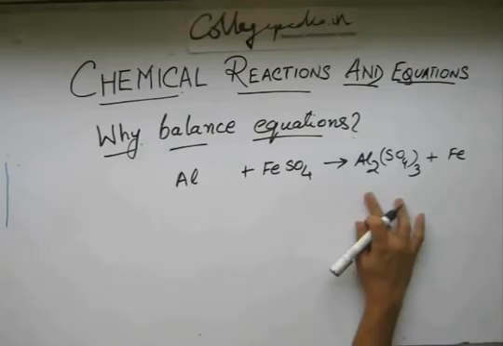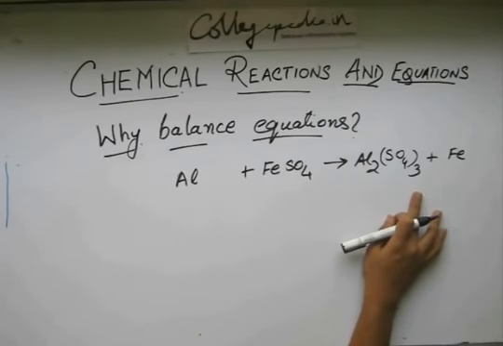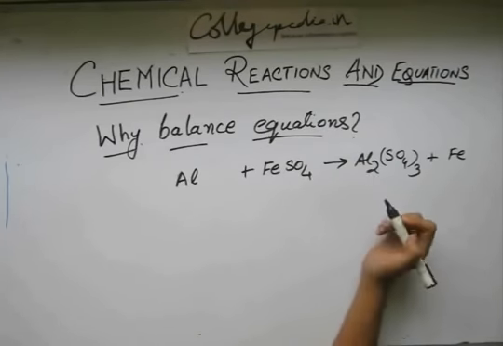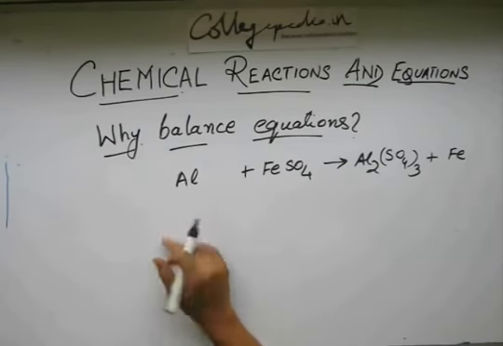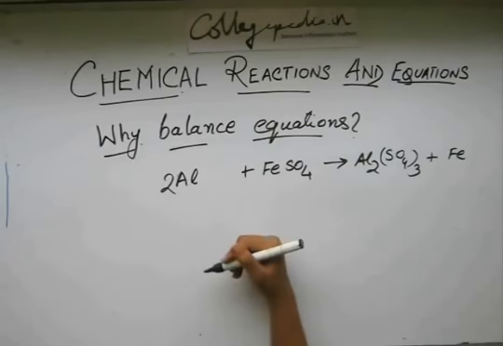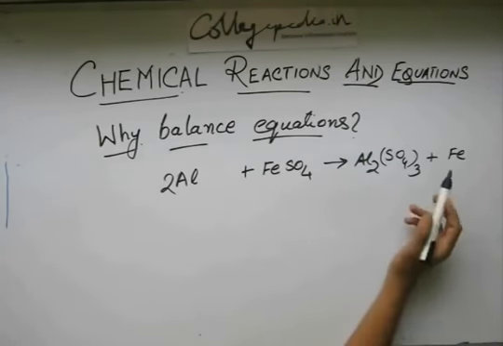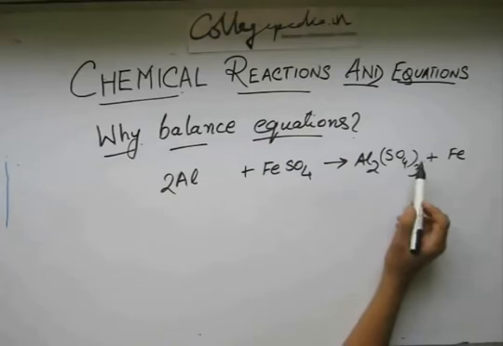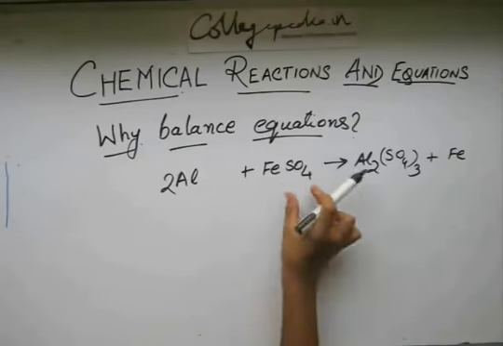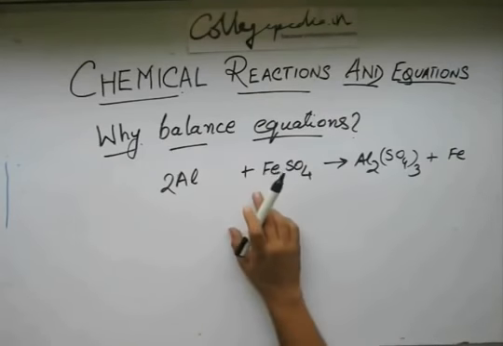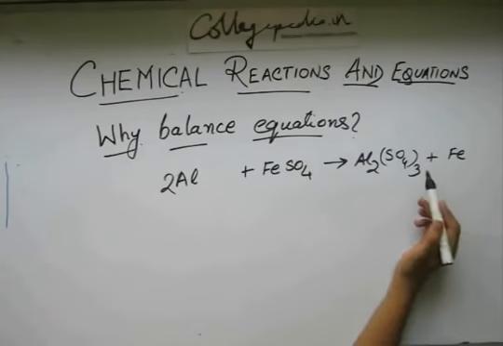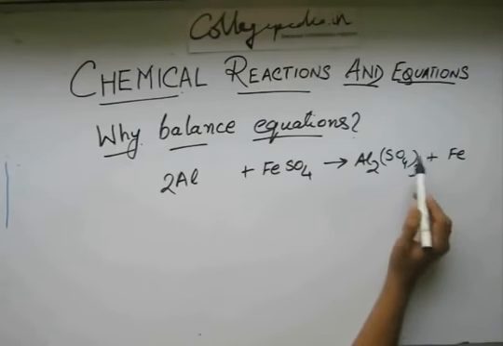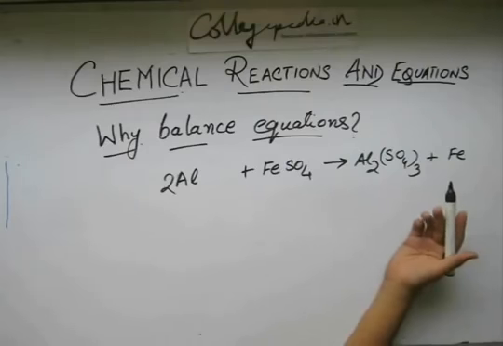So you see, this is the most complicated compound. So here there are 2 Al atoms. So there are 2 aluminium, here only 1 aluminium. Change it to 2. Then if you take this SO4 as a whole thing, you'll see it's always present in SO4 form. So instead of balancing this sulfur oxygen separately, we can just balance the total SO4 because it's not breaking anywhere.